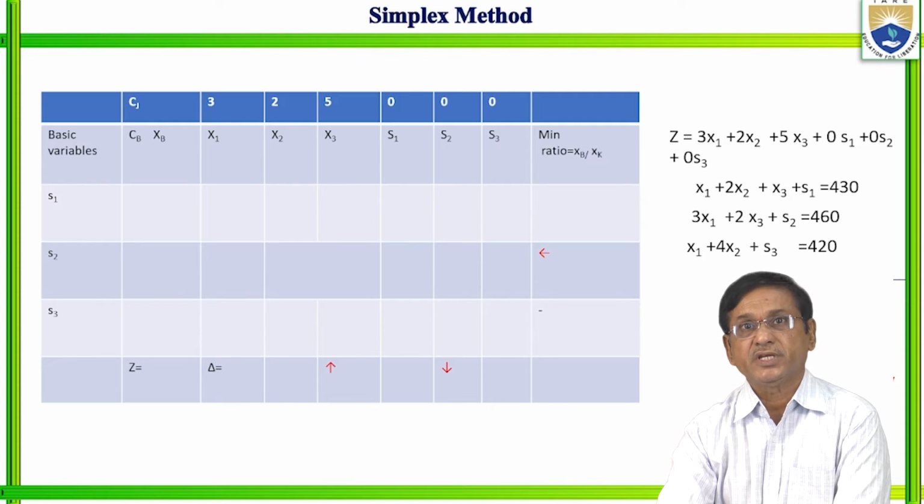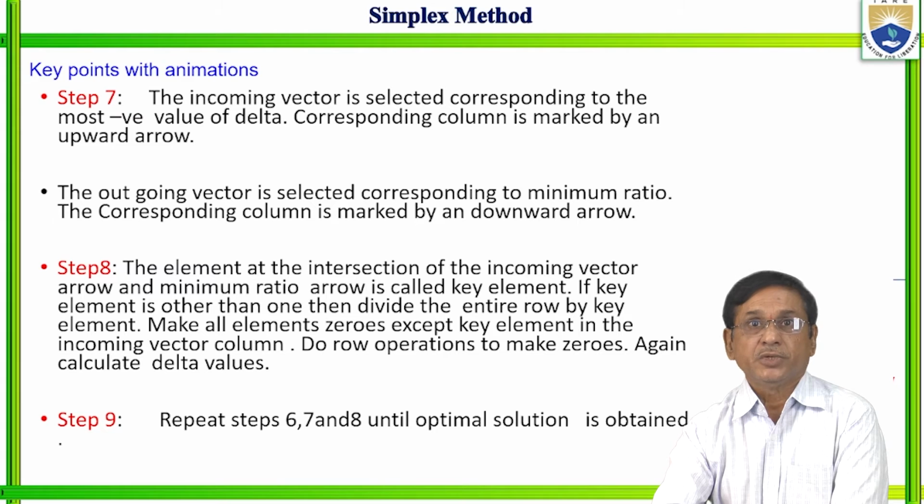The CJ values are given. CJ is equal to the coefficients of variables in the objective function. So, x1 coefficient is 3, x2 coefficient is 2, x3 coefficient is 5, s1 coefficient is 0, s2 coefficient is 0, and s3 coefficient is 0. Like that we have to fill the simplex table.